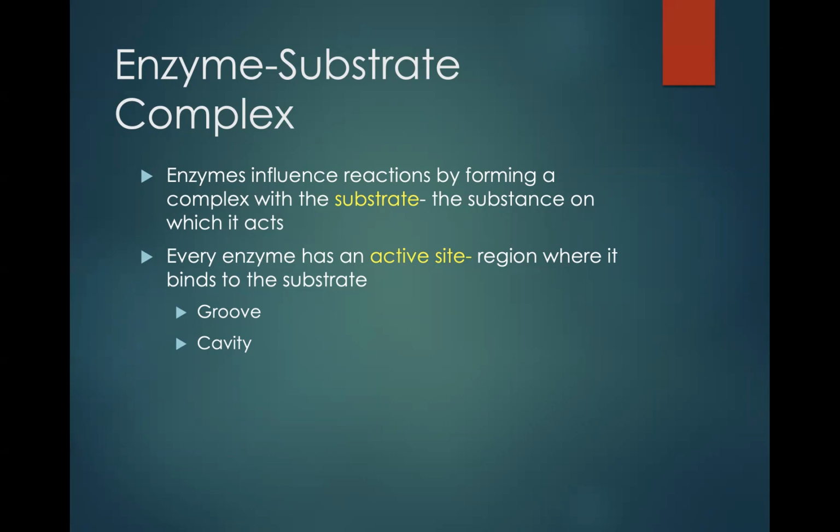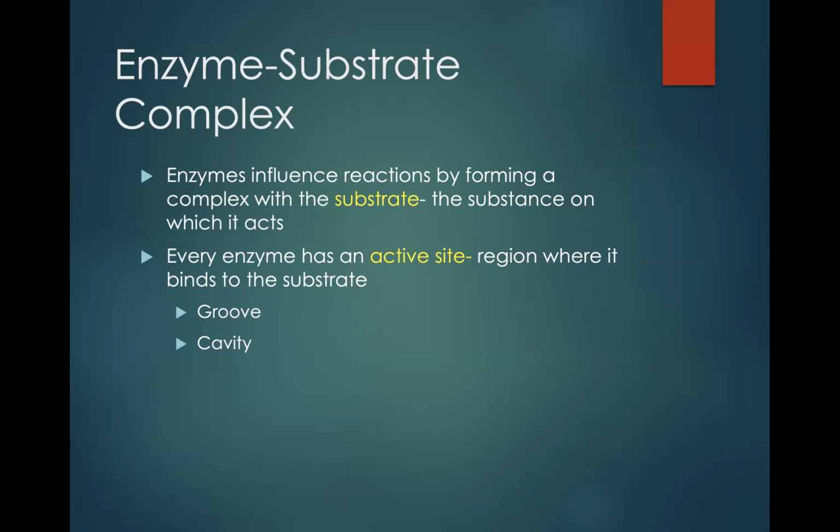The substrate is the substance that this enzyme acts upon. So this enzyme substrate complex must be formed in order for this enzyme to become active, okay? And so every enzyme has what we call an active site. This is the region on the enzyme where it binds to the substrate.